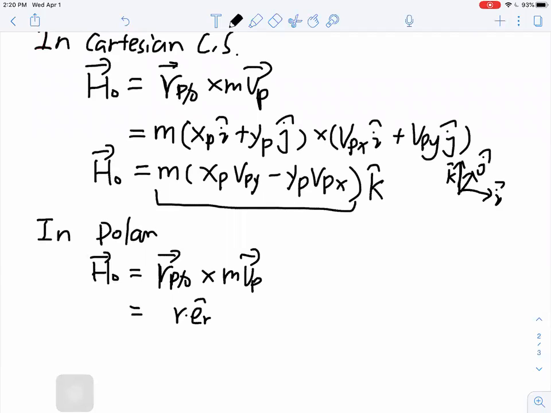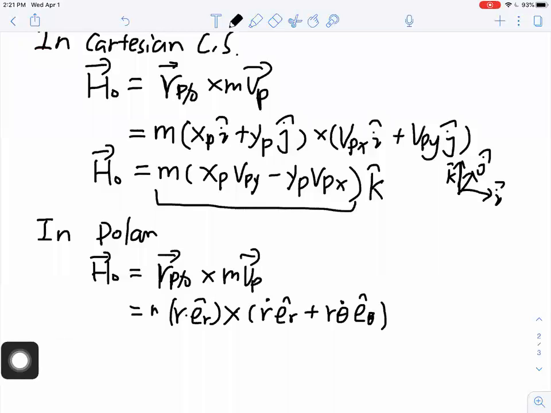Remember, in the polar coordinate system, we only have er and e theta. That is crossed with vp, the velocity in polar coordinates. Remember, that's r dot and r theta dot, right? So it's r dot in the er direction plus r theta dot in the e theta direction. That's just the velocity expression under polar coordinates. Don't forget we have the mass, which is a constant. You can just write that in the front.